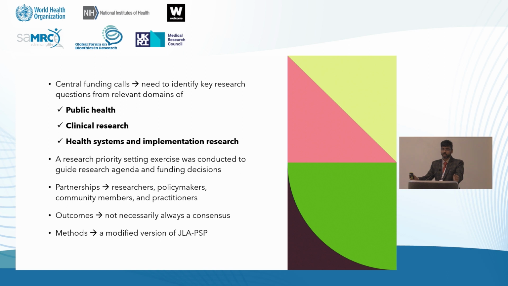We took a conscious call to include researchers in our exercise. We hence used a modified version of the JLA priority setting partnership. Another modification of the JLA approach we did was we did not actually go for a consensus building workshop, because as you will see later on, we didn't believe that a consensus was always possible or necessary in such national broad priority setting exercises.